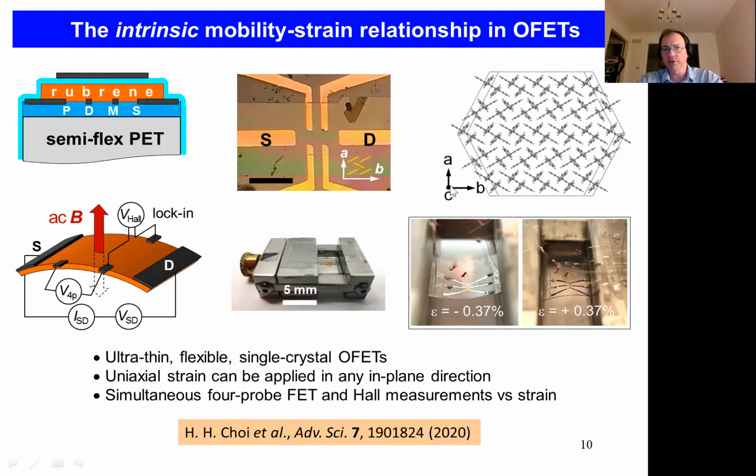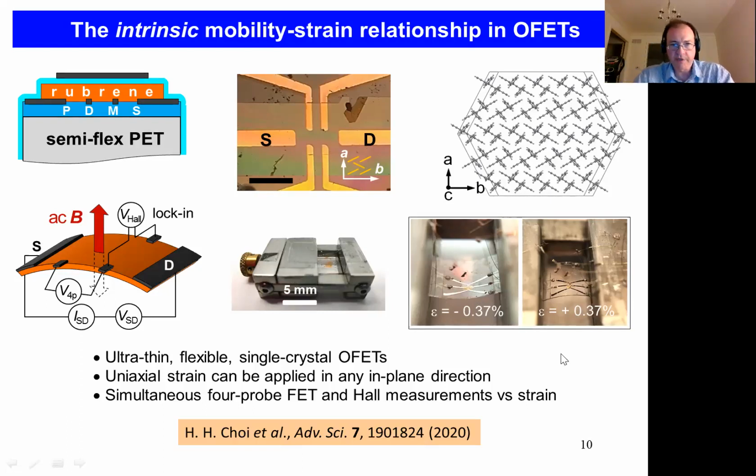So our notation is that the B axis is the direction along the molecular slip stack. It's the high mobility axis of rubrene, and the A axis is the one perpendicular to it, so the low mobility axis. To apply strain, we use this custom designed miniature strain stage where you have a micrometric, calibrated screw, and the substrate can be clamped between these parts, and you can bend it by using the screw like this or like that.